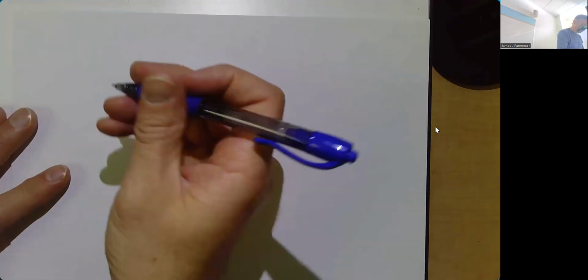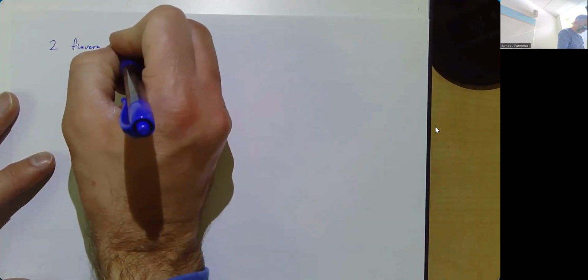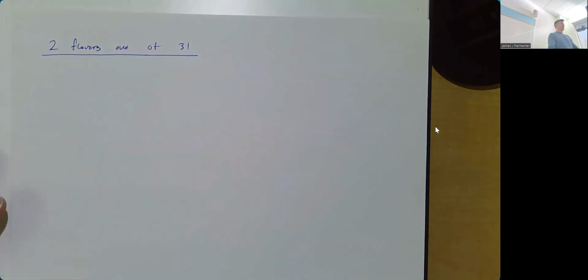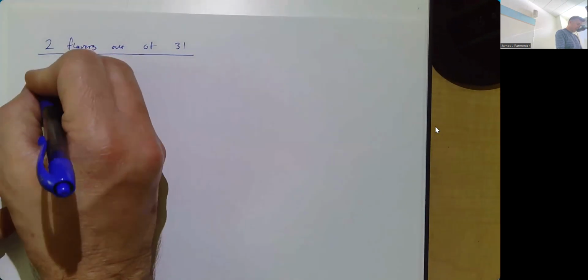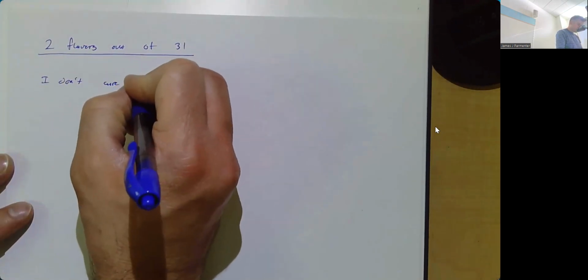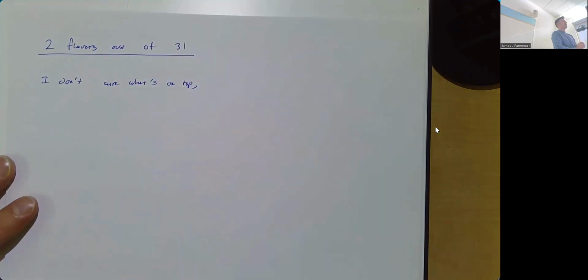In fact, let's write it down. 2 flavors out of 31. Let's look at 3 different treatments of this, maybe 4. I don't care what's on top. But they need to be different. I don't want the same flavor. What a waste.